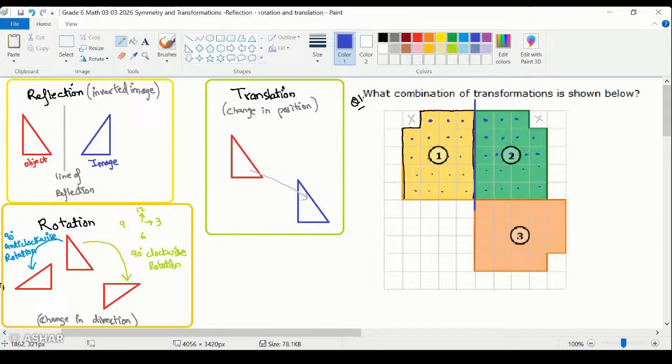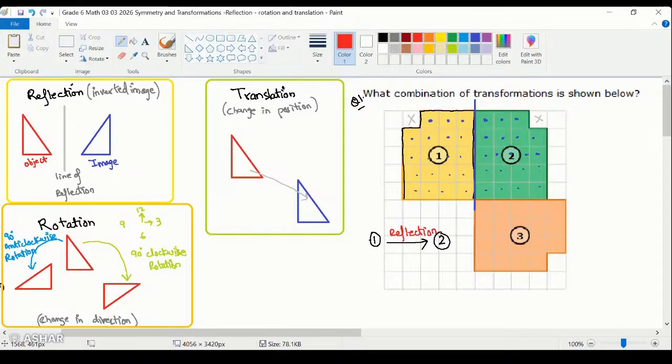So can we say that from shape 1 going to shape 2 is a reflection? It flipped, yes?